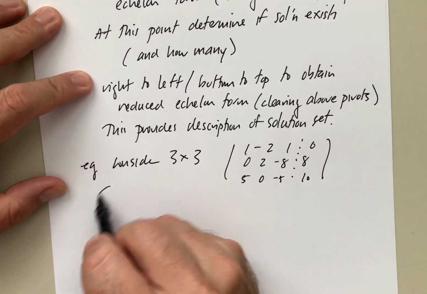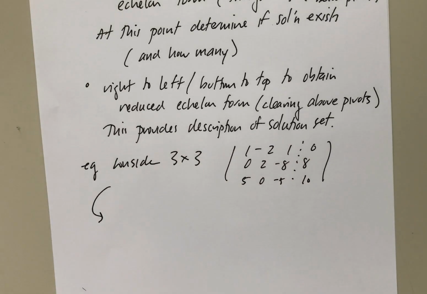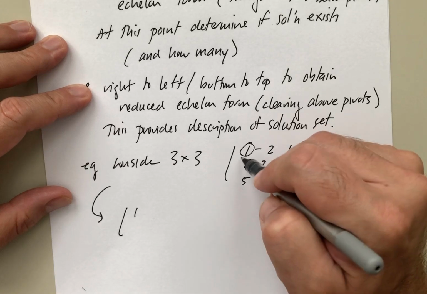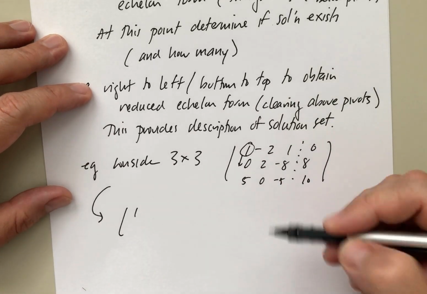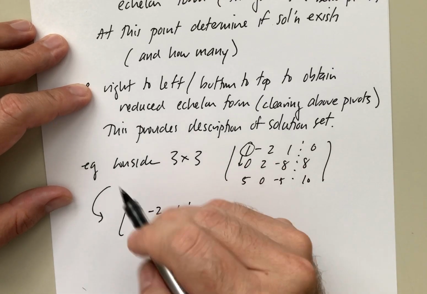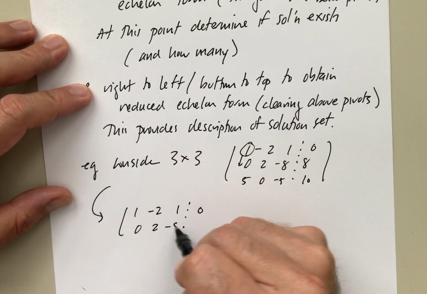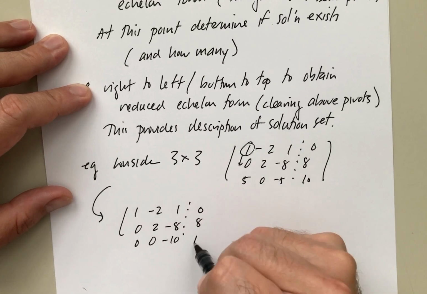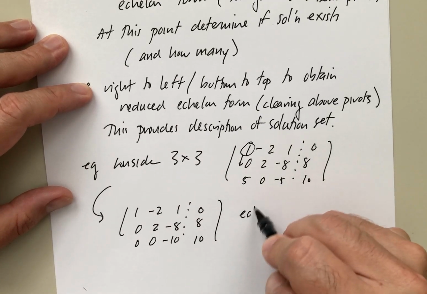And if I press my magic row reduction button, this would be my first pivot. If I clear below that, I keep going. What I get eventually is the following. So this is one version of an echelon form.